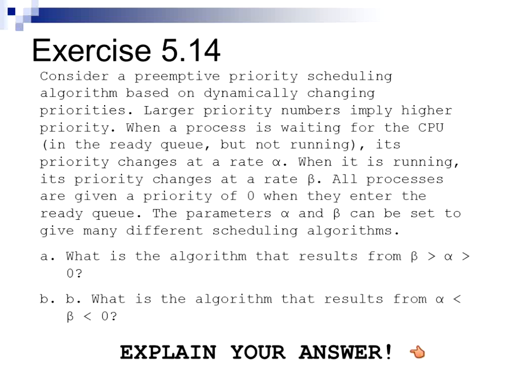Make your own little pictures of processes and how they come into the system, and what happens if beta is greater than alpha and they're both greater than 0, and what happens if alpha is less than beta and they're both less than 0. Explain why you think it results in an algorithm that looks like shortest job first, round robin, or first come first serve. All right?